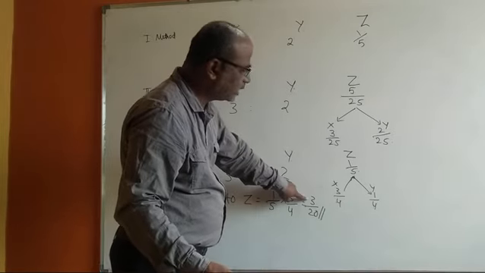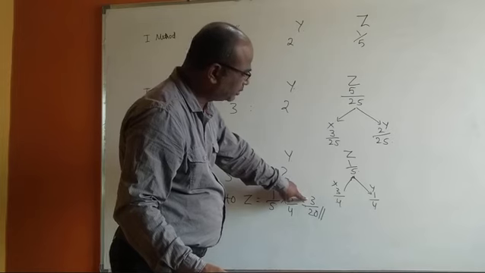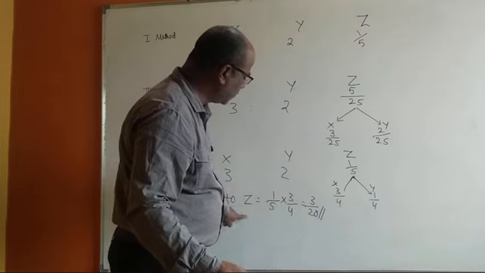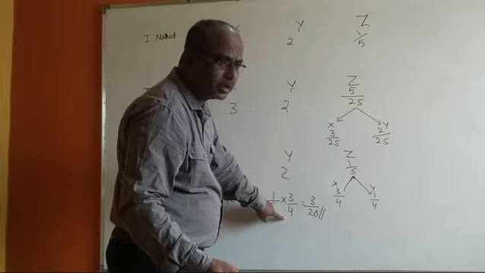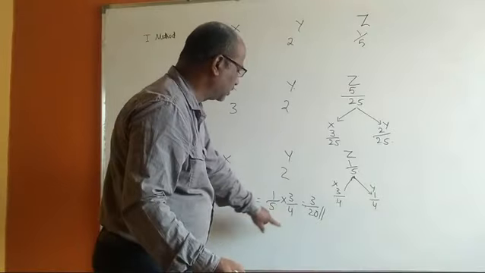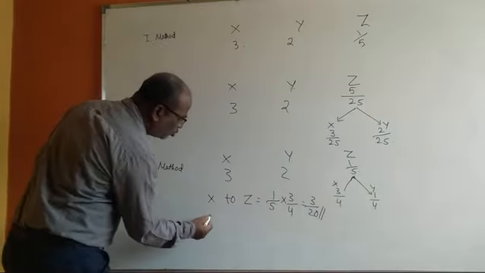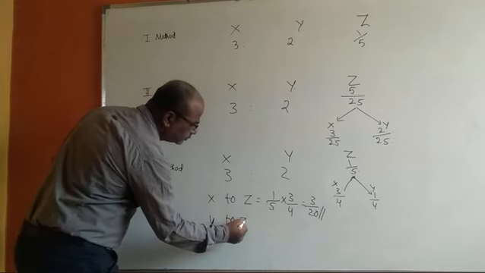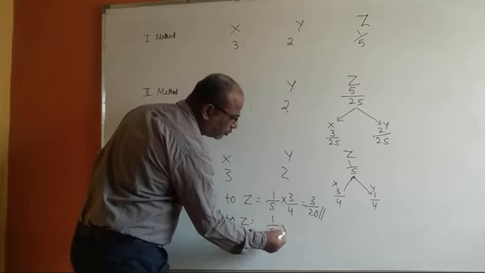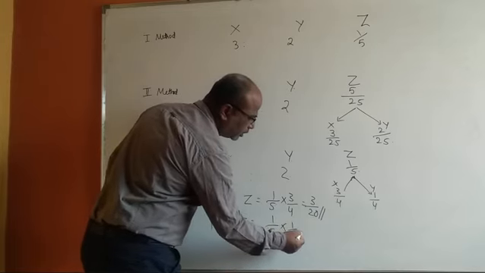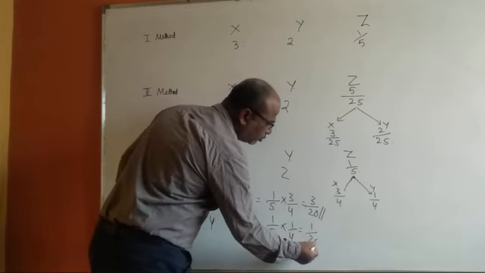So thereafter you will continue as if second method only. So this additional step has to be done in the third method when compared to second method. So Y into Z. So he has to give 1/4 of 1/5. So 1/4 of 1/5 equal to 1/20.